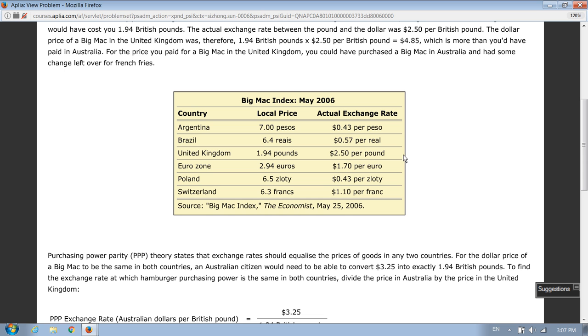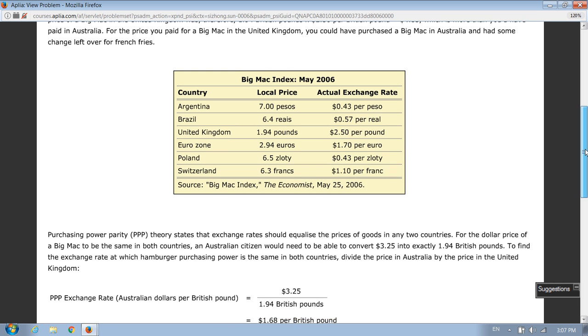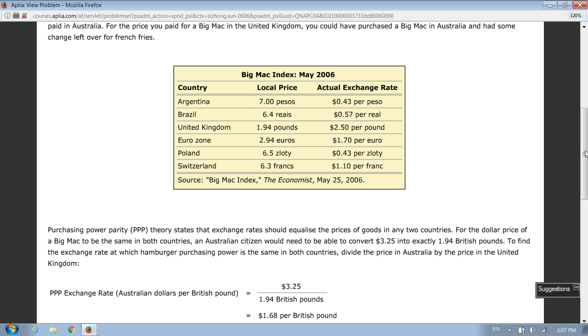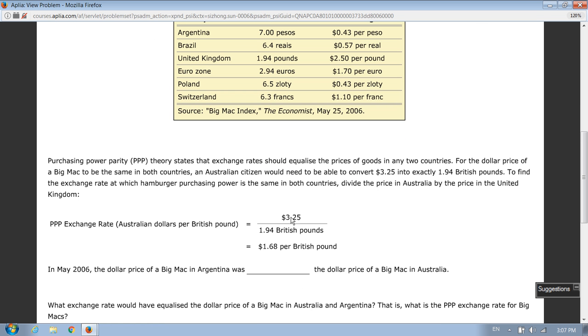Purchasing power parity theory states that exchange rates should equalize the price of goods in any two countries. So the PPP exchange rate will be equal to domestic price over foreign price. For the dollar price of a Big Mac to be the same in both countries, an Australian citizen will need to be able to convert $3.25 into exactly 1.94 British pounds.